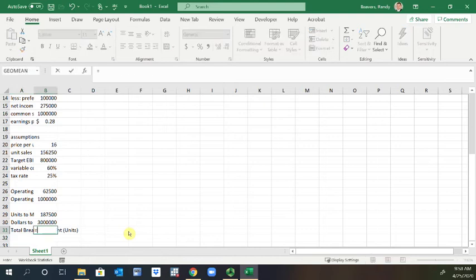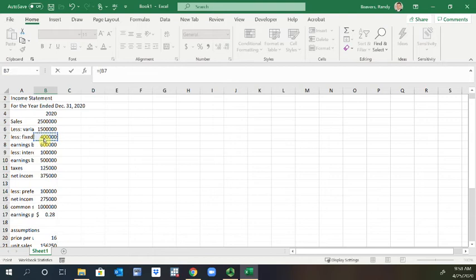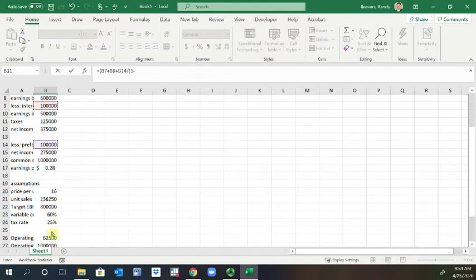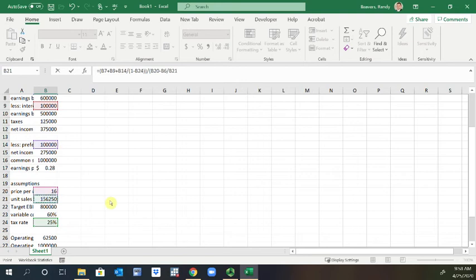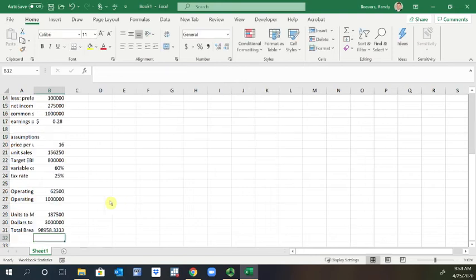So this will be equal to B7 plus B9, the interest expense, plus B14, the preferred stock amount, divided by 1 less the tax rate because it's not tax deductible. And then all this divided by B20 minus, again, B6 over B21. And that'll get you 98,958.33 units.